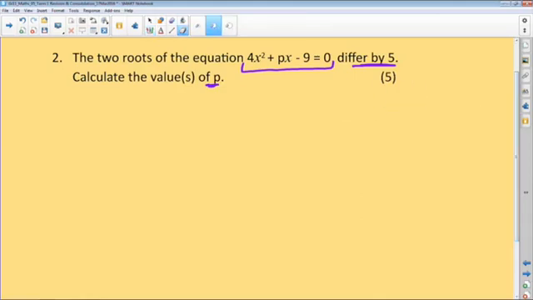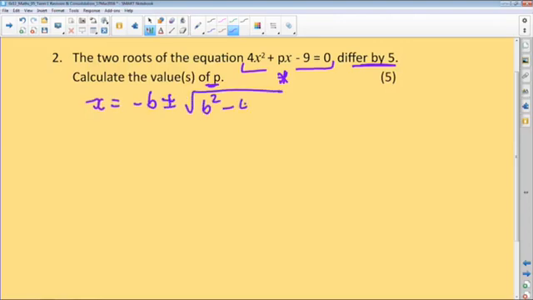But now you've got 4x squared plus px minus 9 equals to 0. How do you get the roots there? For me, it is impossible to factorize this because of the p. So I can either use completing the square first or the quadratic formula. The one that's easier here is the quadratic formula. So x is minus b plus or minus the square root of b squared minus 4ac, all over 2a.